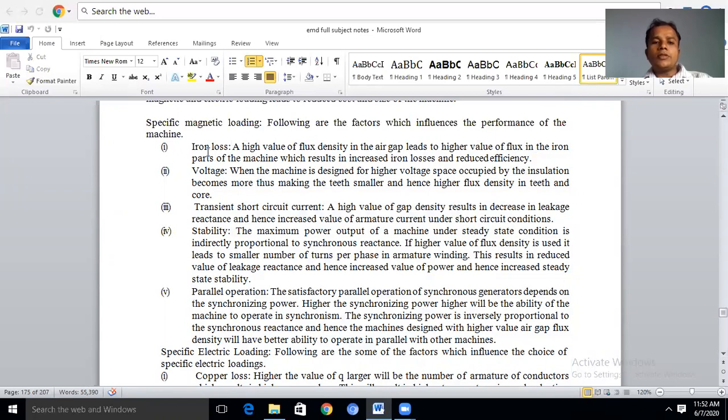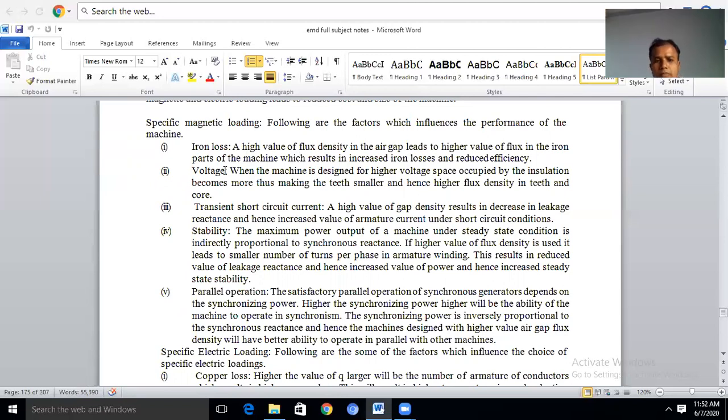One is iron loss. If I increase the specific magnetic loading, Bav, the iron loss will increase, because a high value of flux density in the air gap leads to a higher value of flux in the iron parts of the machine, which results in increased iron losses and reduced efficiency.